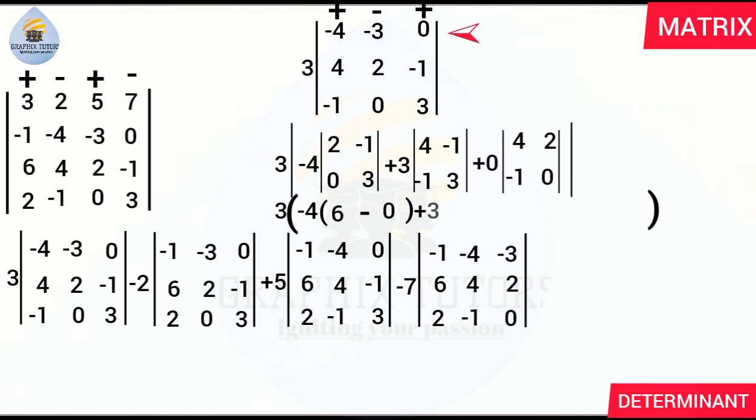Plus 3, I'll open bracket, put negative in the middle of the bracket. So 3 will go to the left hand side to multiply 4. I'll be having 12. I'll place the 12 on the left hand side of the negative sign. And minus 1 will go to the right hand side to multiply minus 1. I'll be having plus 1, and plus 1 will be on the right hand side of the negative sign.